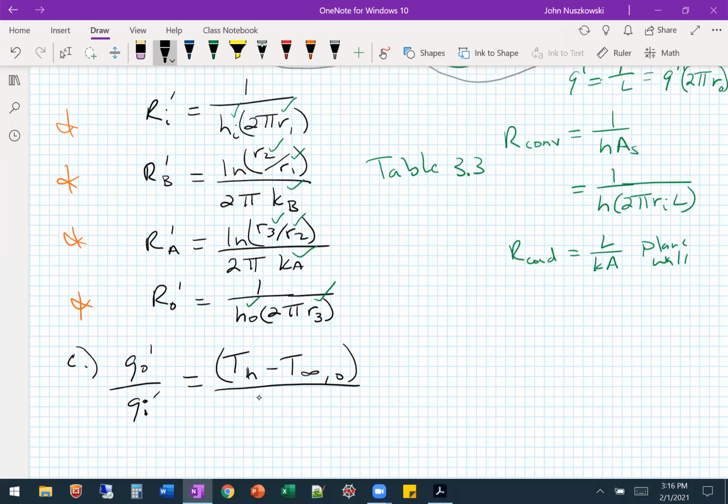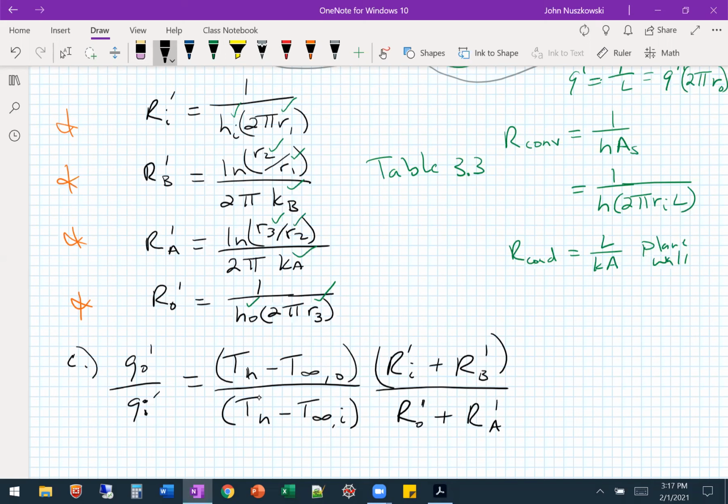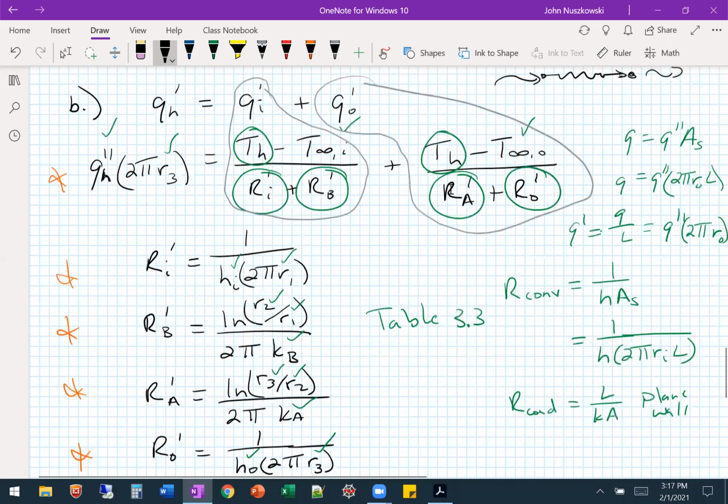So we're just taking this equation and dividing it by this one, and we get the setup that we see here.